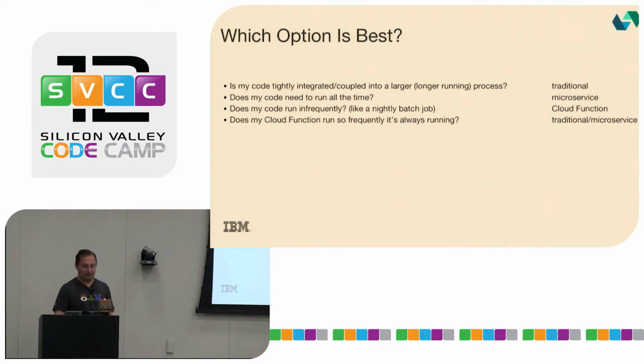So some of these questions that you might have is, all right, so my code is tightly integrated and coupled into a larger process. Maybe that's more of a traditional environment. The worst thing as a startup I've done is rewrite my code base for, I guess, the reason that it can be more efficient or whatnot.